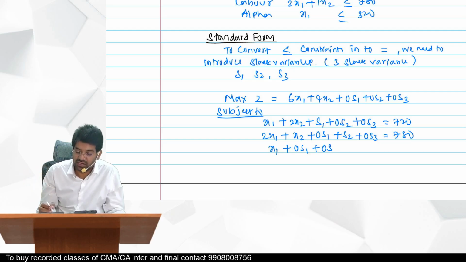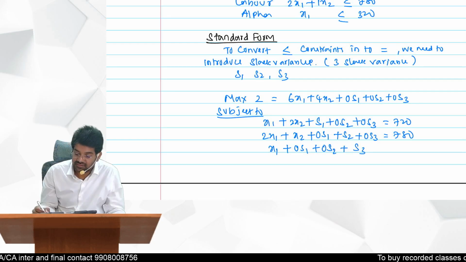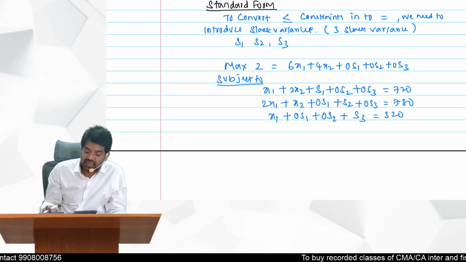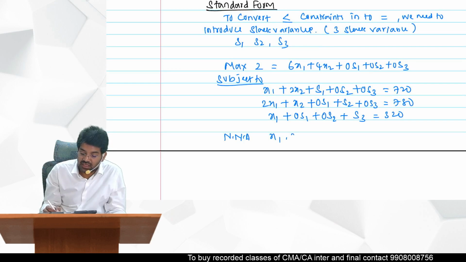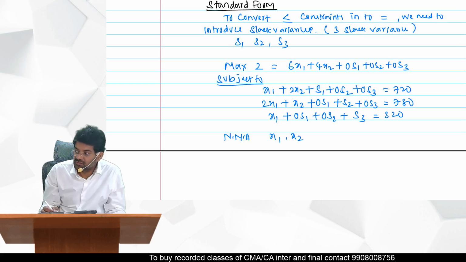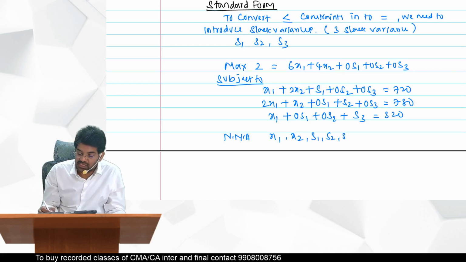Yes, that is what I am saying. 0 S2 plus S3 is equal to 320. And non-negativity assumptions, that is x1, x2, S1, S2, S3 greater than or equal to 0.